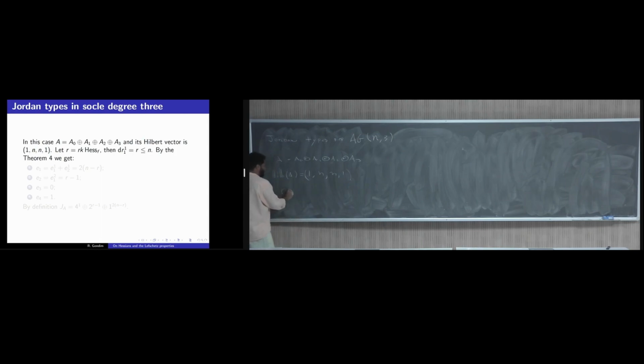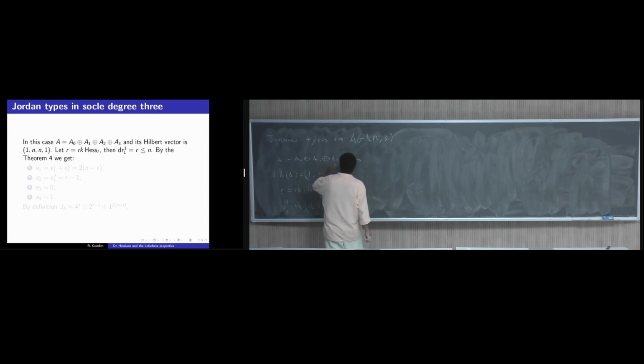And let me introduce the only invariant that matters, which is the rank of Hess of F, which in the notation of the algorithm is called R11. R11 is the rank of the multiplication map from A1 to A2.